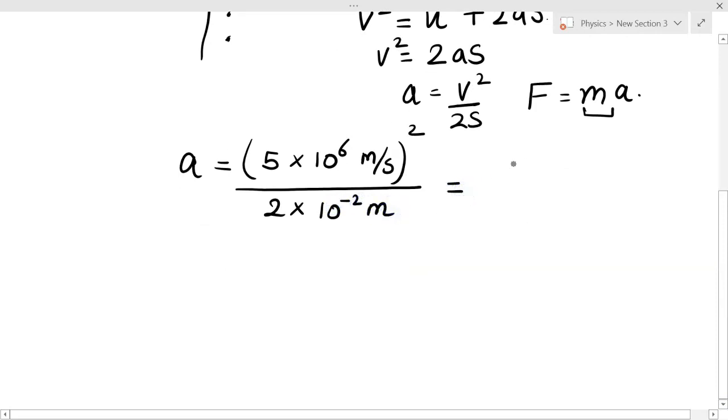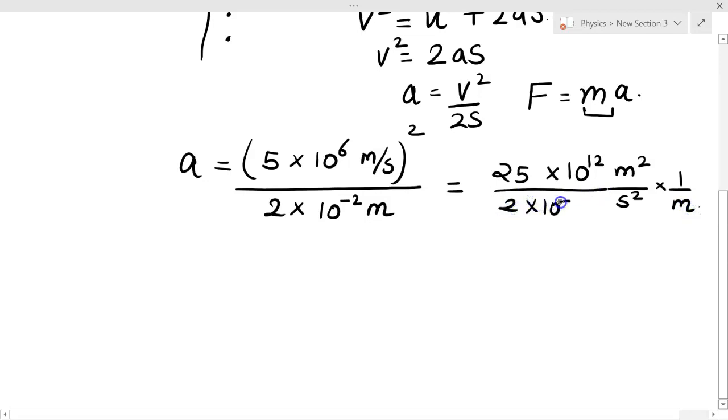So this becomes 25, 5 square is 25, into 10 to the power 12 meter square per second square, divided by 2 into 10 to the power minus 2 meter. What you get here is 25 by 2 which is 12.5 into 10 to the power 14 meter per second square. This meter square and this meter will get cancelled.